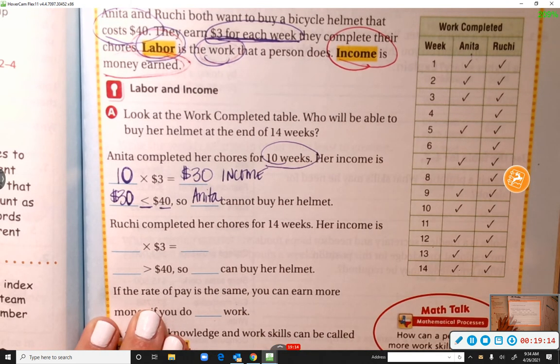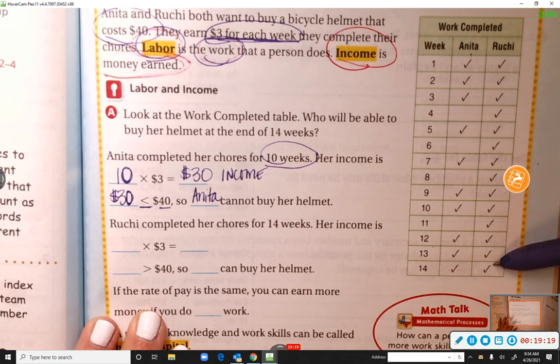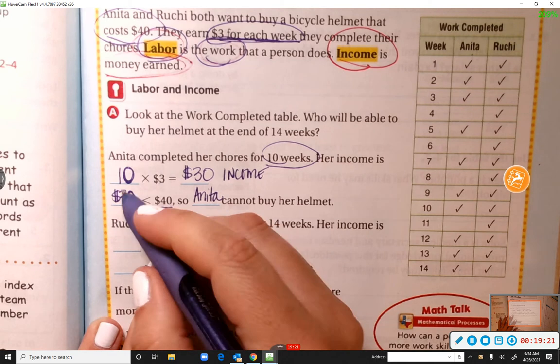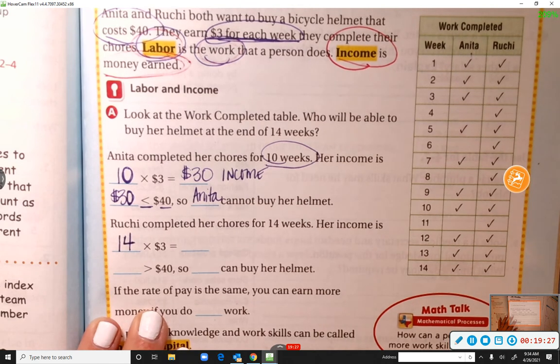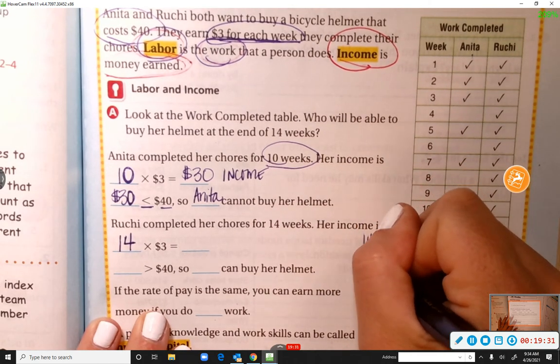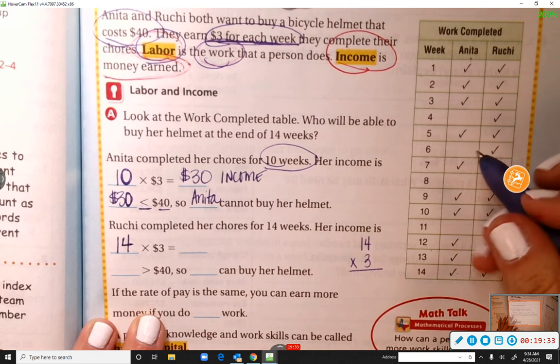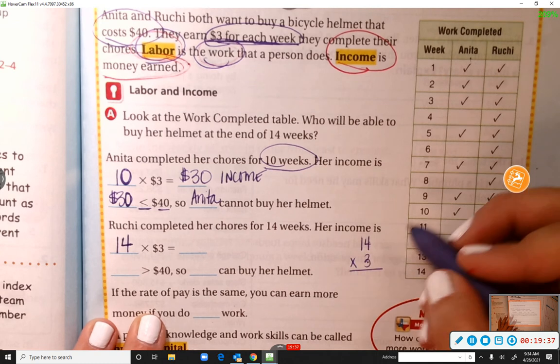Okay, Ruchi, did she skip any weeks of work? No. So we take all 14 weeks and multiply it by 3 to see if she's going to have enough. 14 times 3. 4 times 3 is 12.